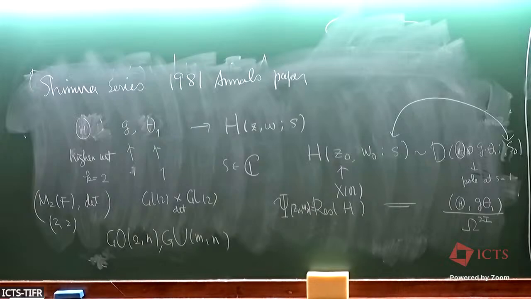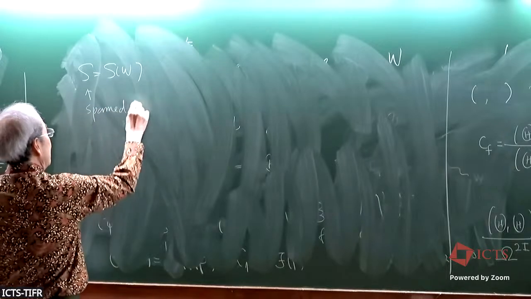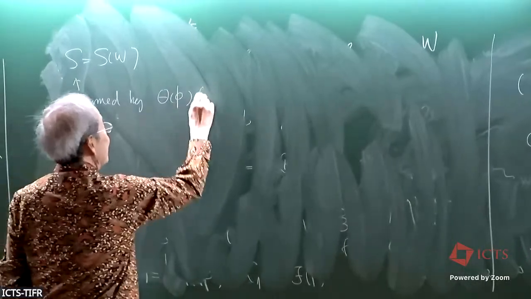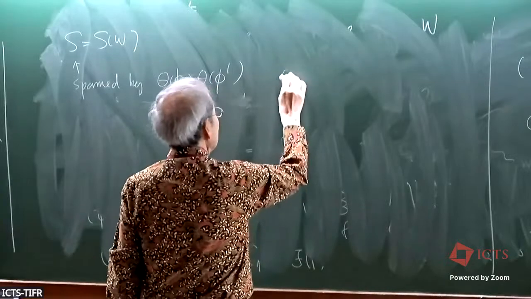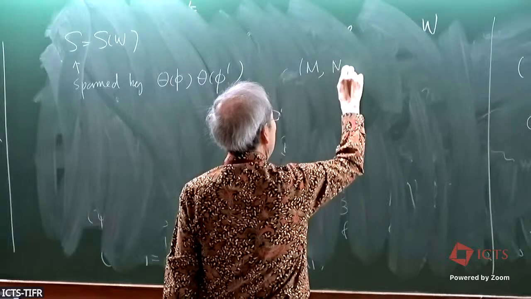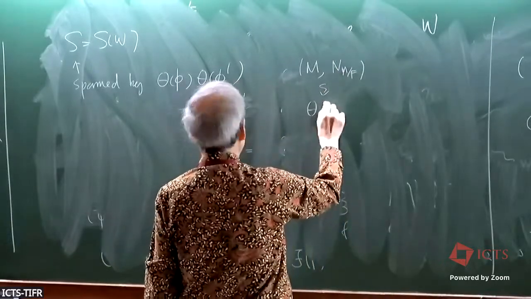Okay, so I need to now show that s is in the span of theta phi and theta phi prime. Here I use M and the norm on the quadratic space MF, and that produces theta series.